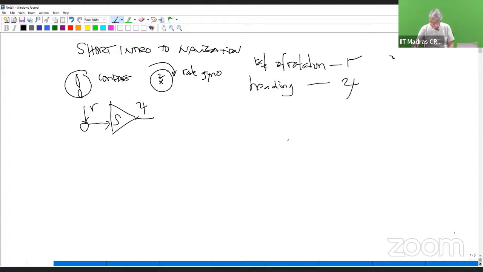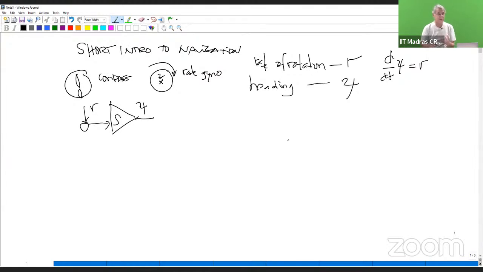We know that the derivative with respect to time of psi is equal to R, which means that psi is the integral of R. That's what you have there. And I'll leave that little bubble there for a reason that will become clear. Now, this is the model. This is conceptual. The compass or yaw is the integral of the yaw rate. That's out there. Now, in practice, you are not going to be able to measure R and psi exactly.